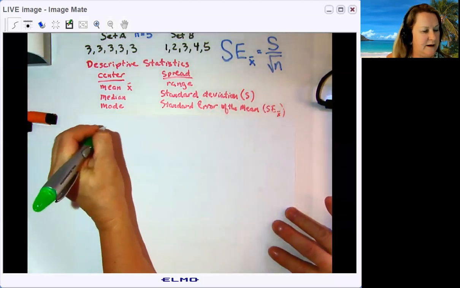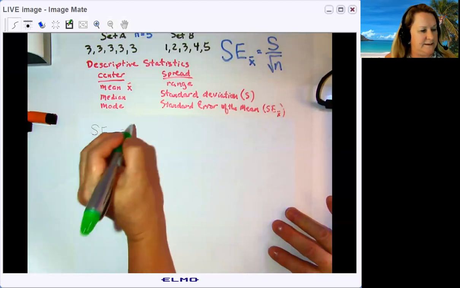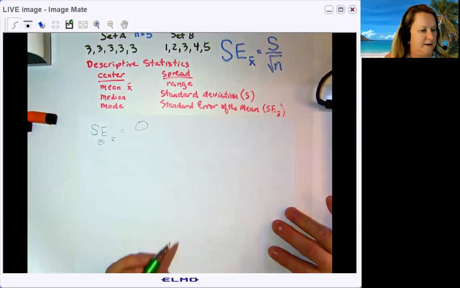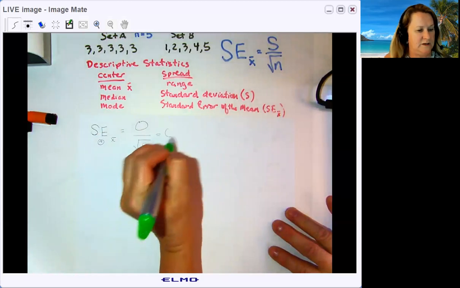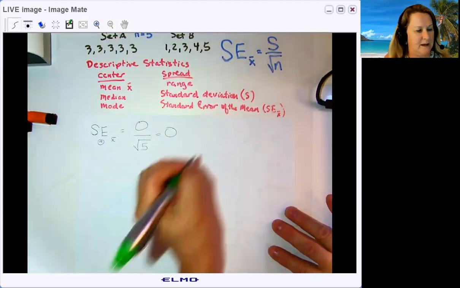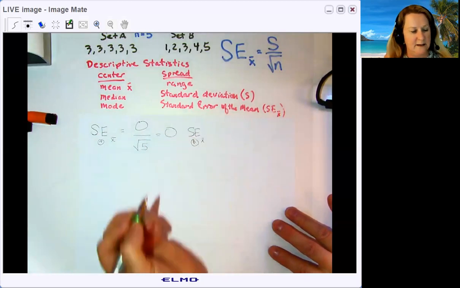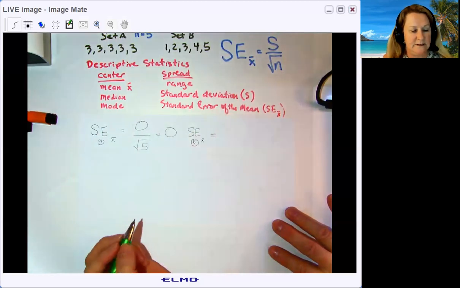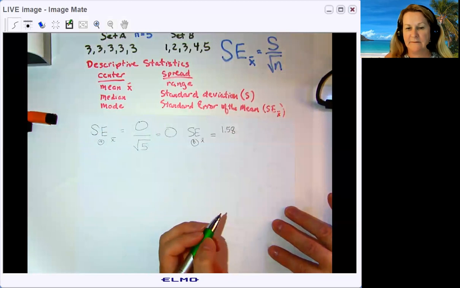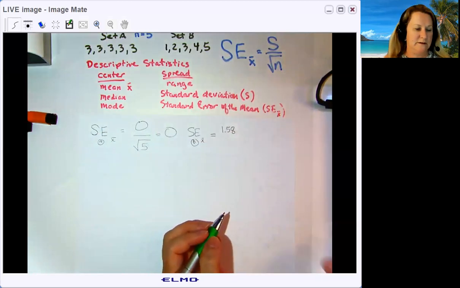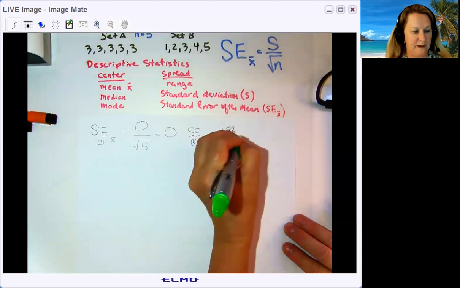So standard error of the mean for data set A is going to be 0, because that's what its standard deviation was, divided by the square root of 5, which is 0. That's pretty easy, right? Standard error of the mean for data set B is going to be its standard deviation, which was 1.58, and if you're not sure where that's coming from, watch the previous video I recorded on standard deviation, divided by the square root of 5.